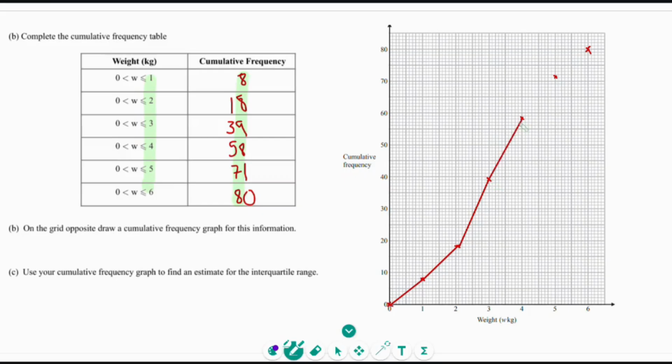Now, once you've drawn this, we need an estimate for the interquartile range. So your interquartile range is upper quartile minus lower quartile. So 80 people, median's at 40, lower quartile is at 20. Let's just read across. Now I've just not joined that up very well. I'm going to join it up again.